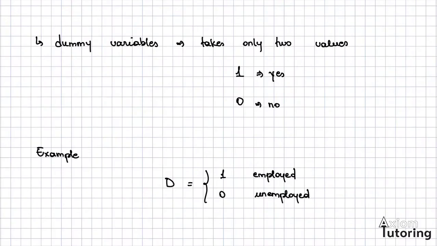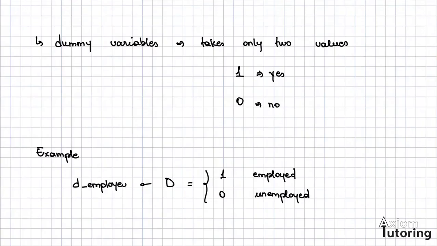Most of the time, keep in mind, whenever you're working with software, let's say Stata or R, the naming of that dummy variable is in function of the meaning or the information that that dummy variable is giving to you. So if in this particular case, the 1 is employed, but 0 is unemployed, that means that the best way to actually name this dummy variable will be, for instance, D underscore employed.